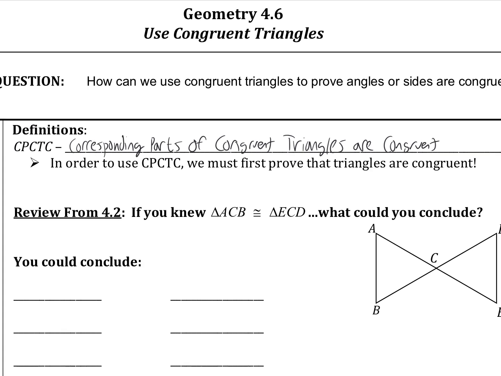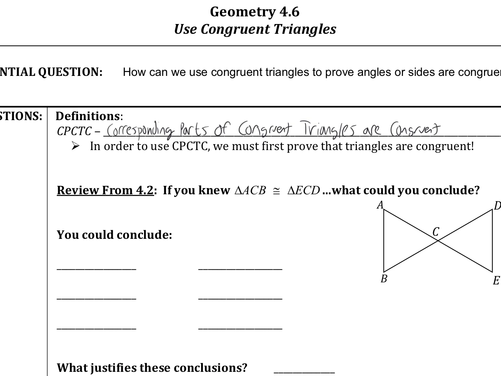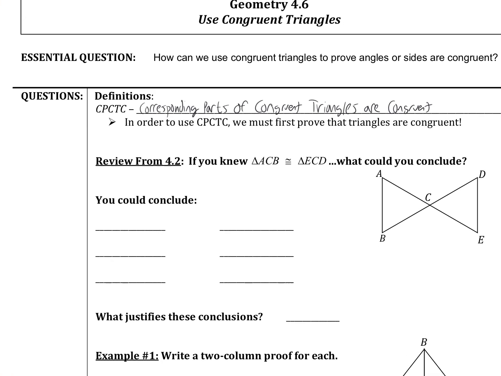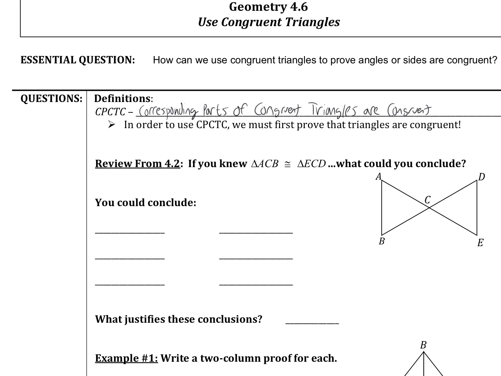Corresponding parts of congruent triangles are congruent, or CPCTC. Okay? So that's basically this. After we do side, side, side, or side, angle, side, that stuff, that's the next step, usually the last step of a proof.